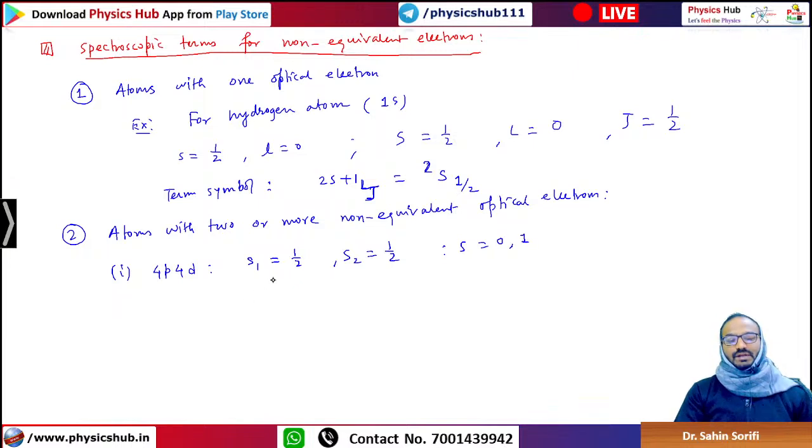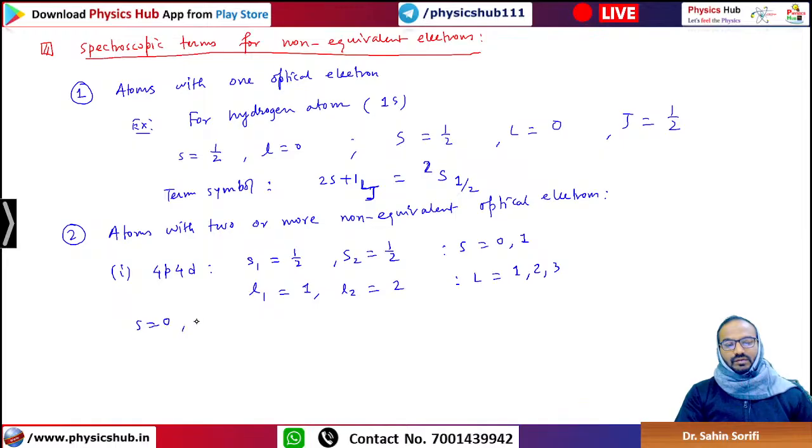Now here there is no restriction like even S will combine with even L and odd S will combine with odd L. There is no such restriction here. L1 for p is 1, L2 for d is 2. So L ranges from 1 minus 2 to 1 plus 2, so it is 1, 2, 3. Here S equals 0 can combine with L equals 1, L equals 2, and L equals 3.